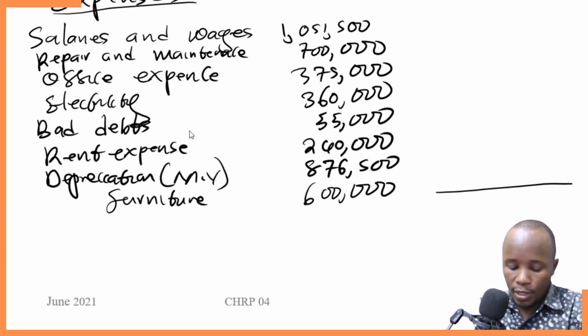Bring all these expenses here. Let's add them. We have 1,051,500 plus 700,000 plus 375,000 plus 360,000 plus 55,000 plus 240,000 plus 876,500 plus 600,000.